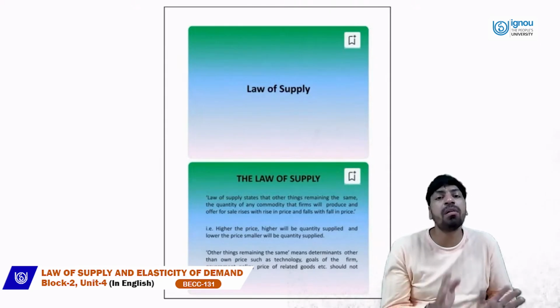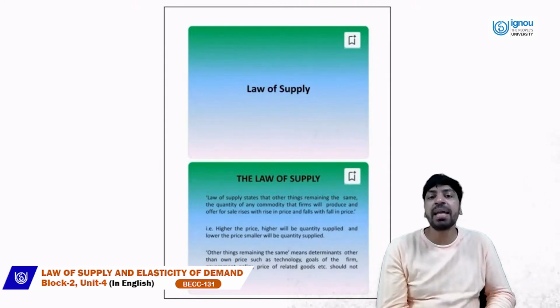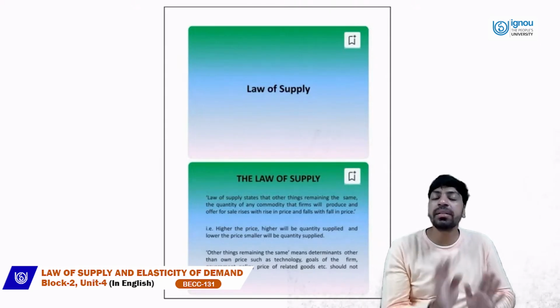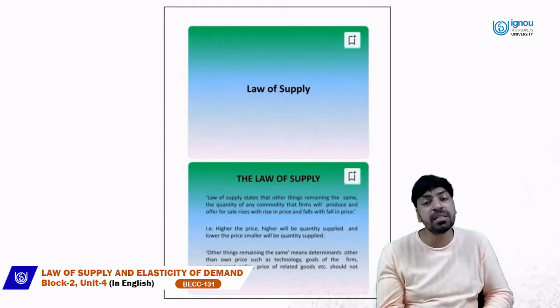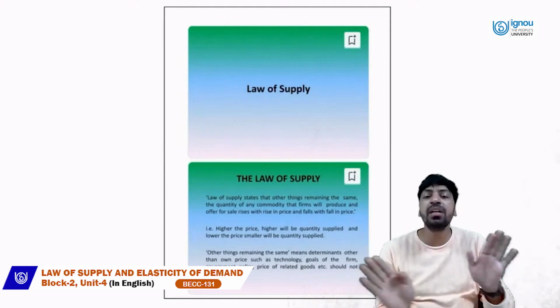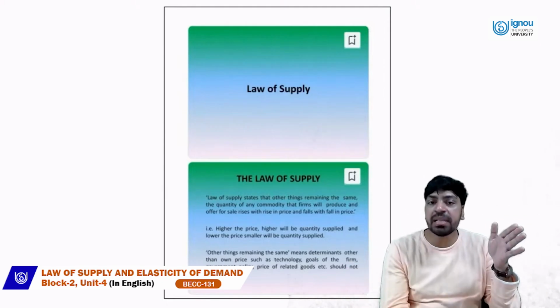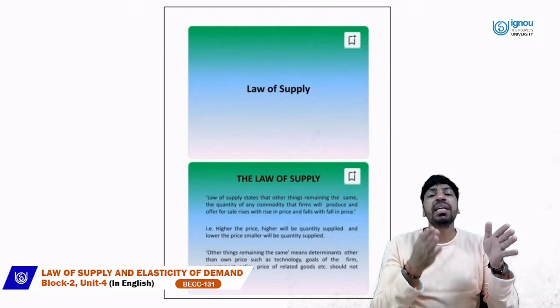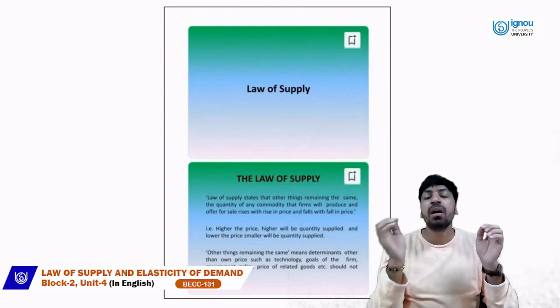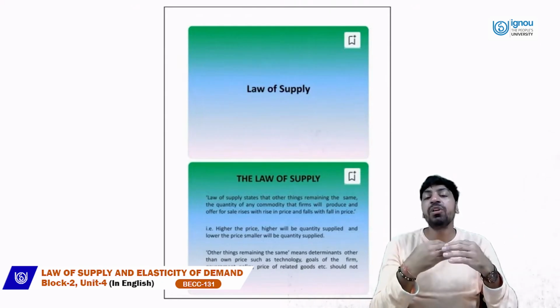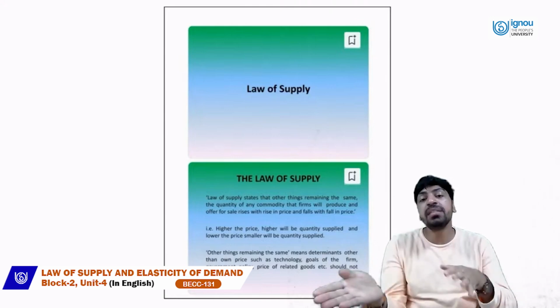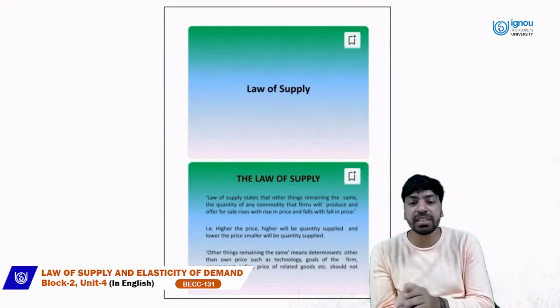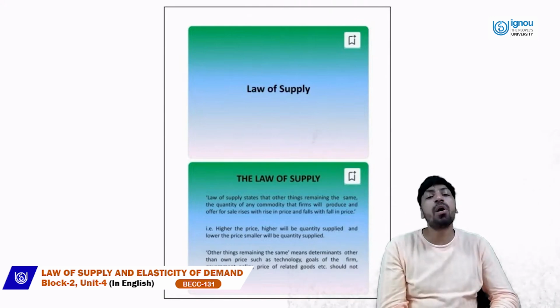That's called the law of supply. The law of supply states that all other determinants which influence supply remain constant. Only the price of a commodity would influence the supply of a commodity. That's called the law of supply.